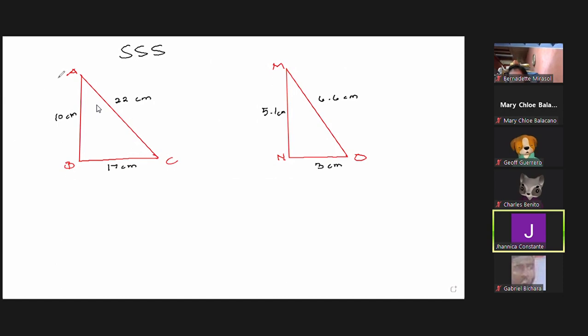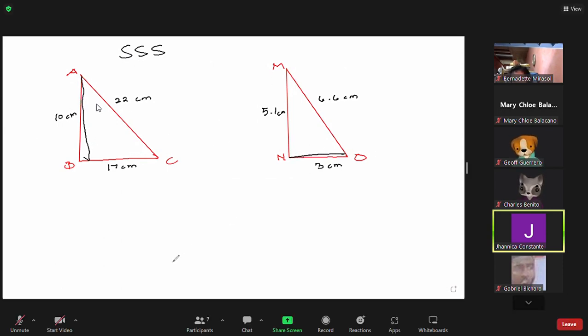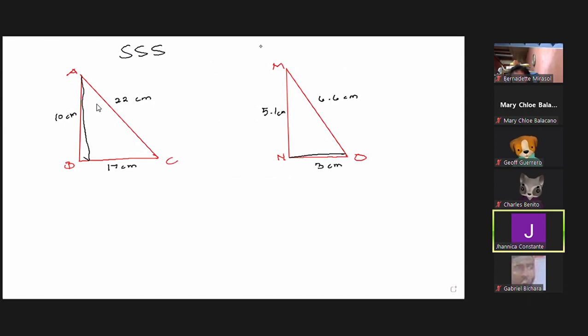So since side AB is corresponding to side NO, when we get the proportion with these two sides, AB divided by NO, which is equal to 10 centimeters divided by 3 centimeters, is equal to 3.33.